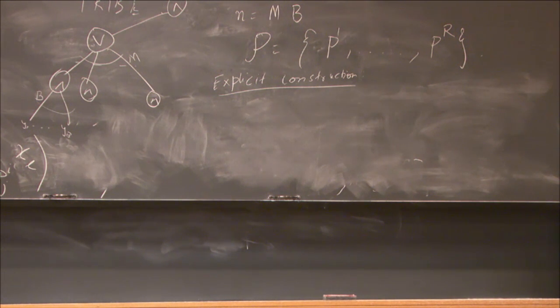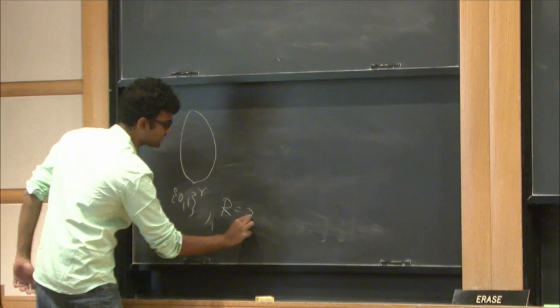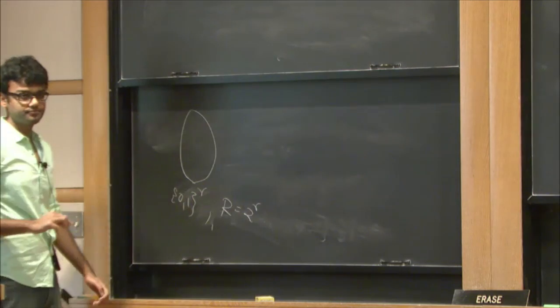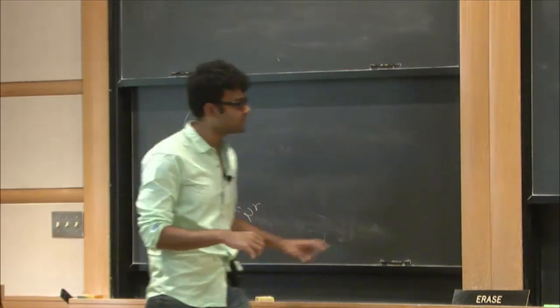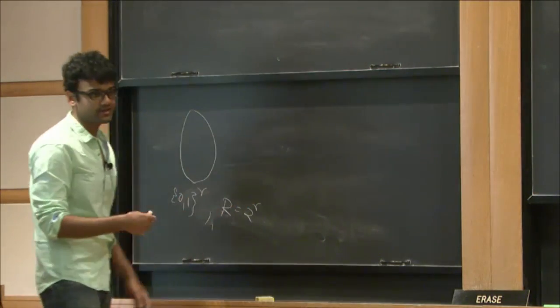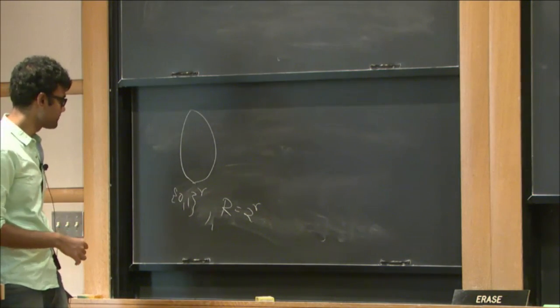We'll just use a graph theoretic way of viewing these things. Suppose this is the set of r-bit strings, where we think of it as 2 power r. I'm using these variables in the same way so that we can relate easily to what's happening.